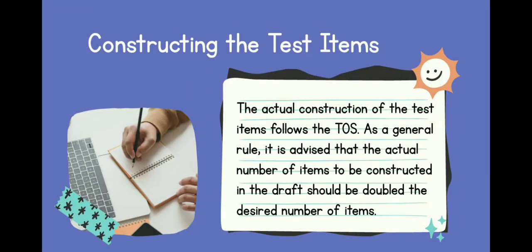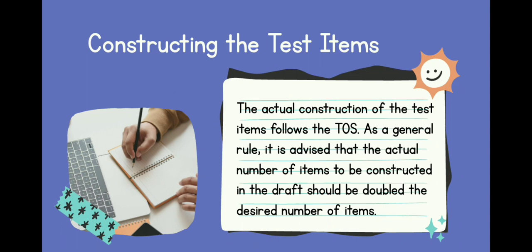Okay, so let us now move on to the next step in planning for a test, which is constructing the test items. The actual construction of the test items follows the TOS. As a general rule, it is advised that the actual number of items to be constructed in the draft should be double the desired number of items. For instance, if there are 5 knowledge level items to be in the final test form, then at least 10 knowledge level items should be included in the draft.